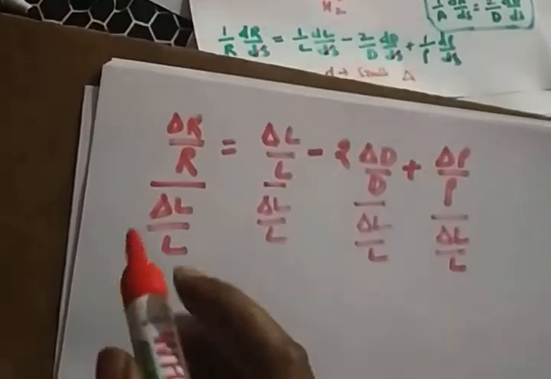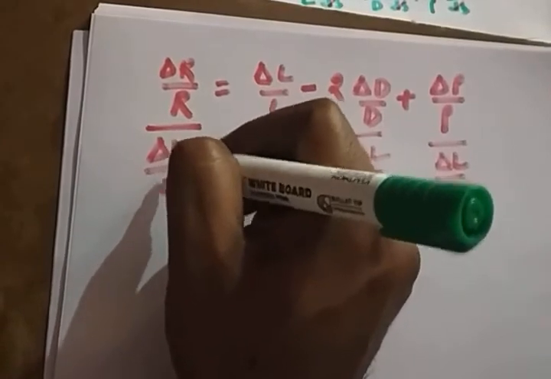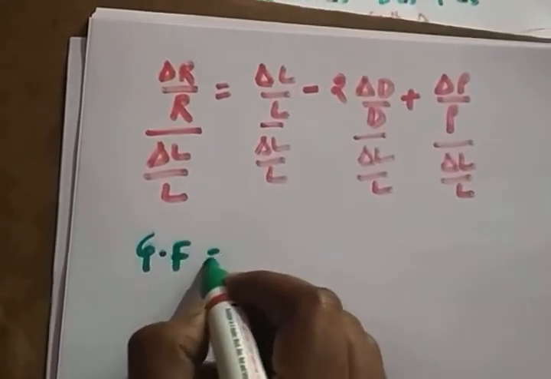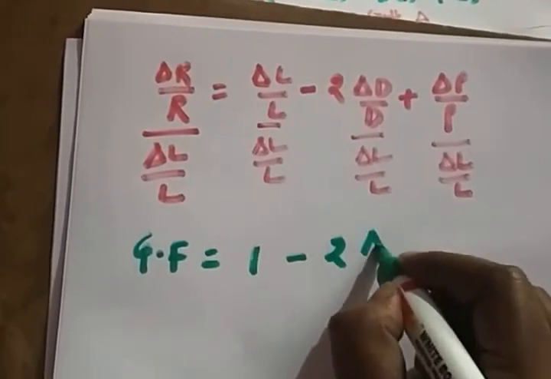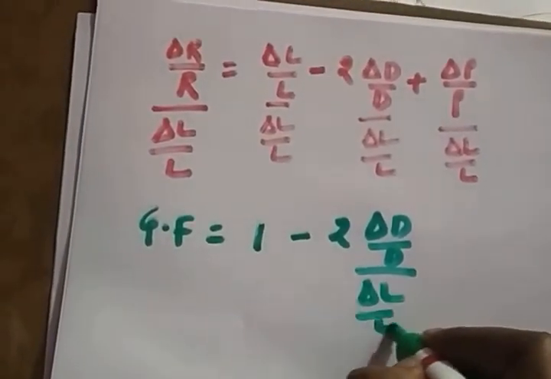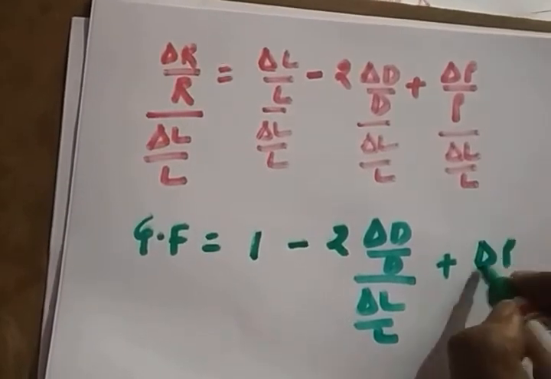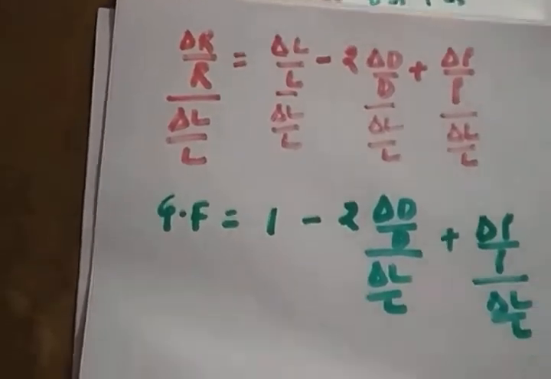Then you will get the gauge factor, del R by R over del L by L, we can call it the gauge factor. So gauge factor is equal to 1 minus 2 del D by D by del L by L plus del rho by rho by del L by L. Right?